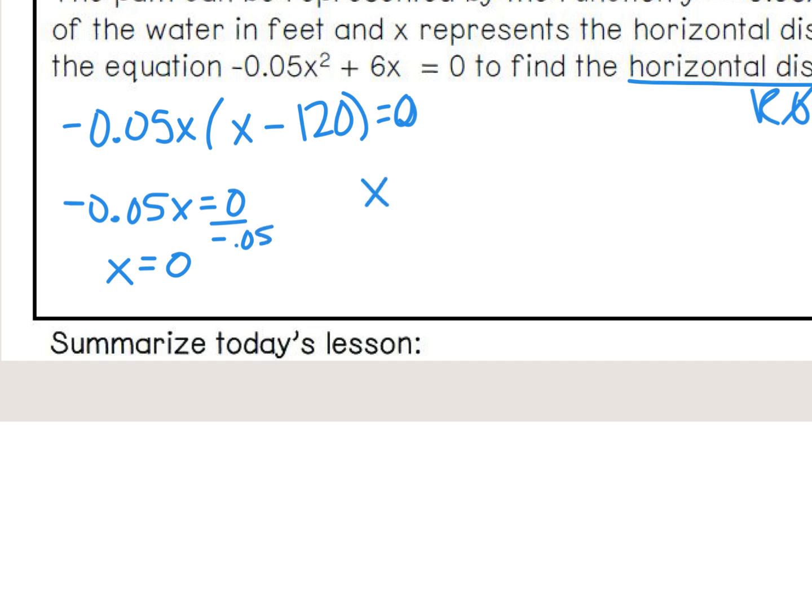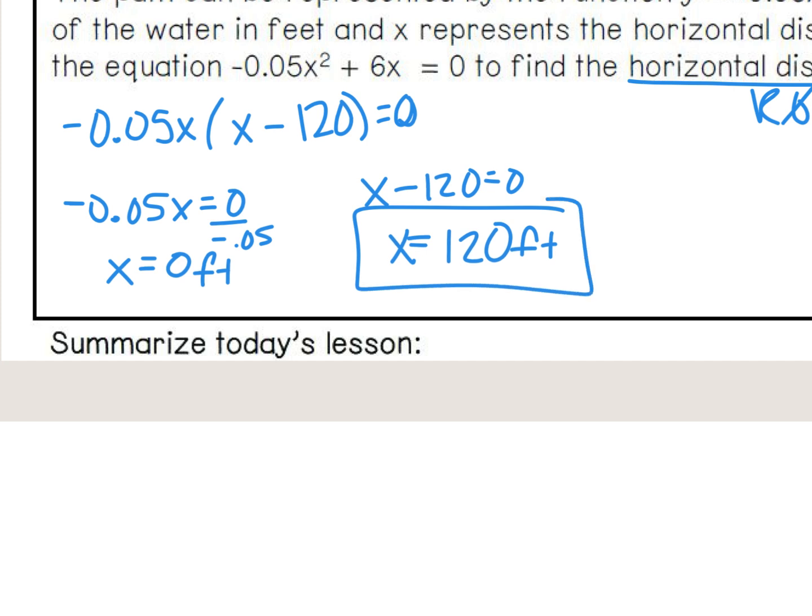And then if we have x minus 120 equals 0, x equals what? X equals 120. Find the horizontal distance that the sprinkler covers. Well, does it cover 0 feet or does it cover 120 feet? 120. So you have to think about the distance of that sprinkler.